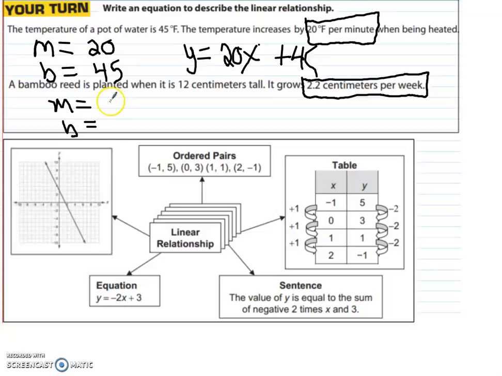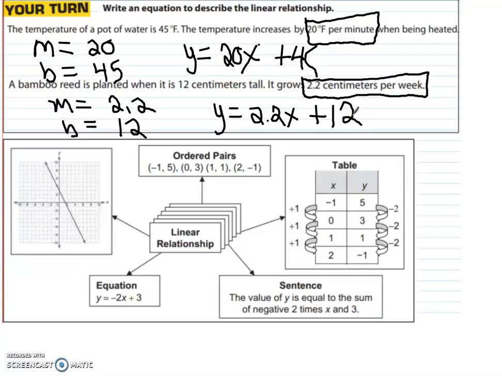The constant rate of change is 2.2 centimeters per week. The initial value is 12. If we are going to write an equation, it's y equals 2.2x plus 12.